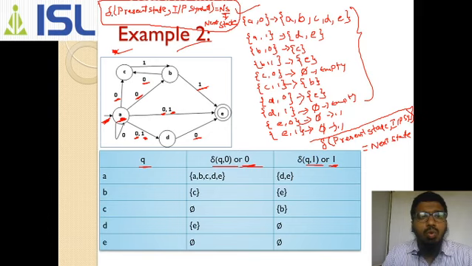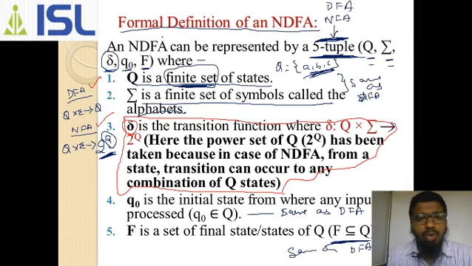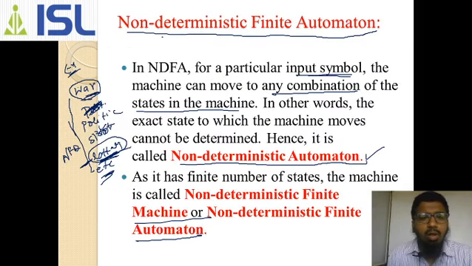Okay, so quickly we saw what we have today. I am going to stop here. In the next class we will see some examples and we will solve them. So let's quickly review what we have done. Today we have seen the non-deterministic finite automata, where the machine can move to any combination of states.